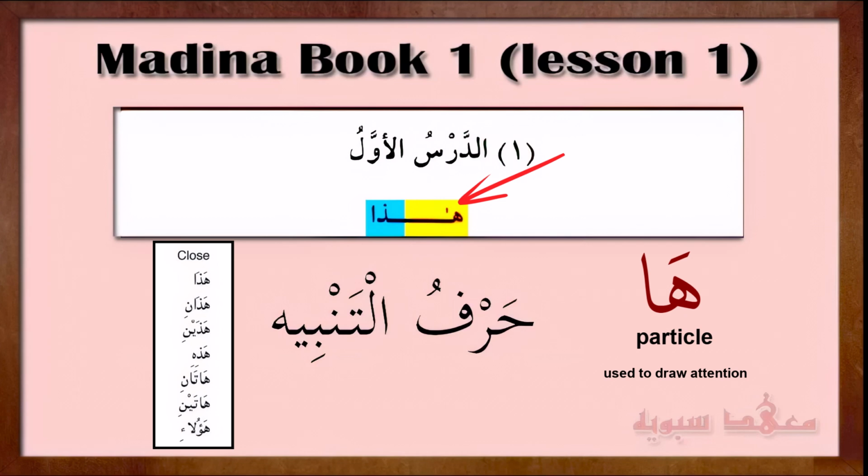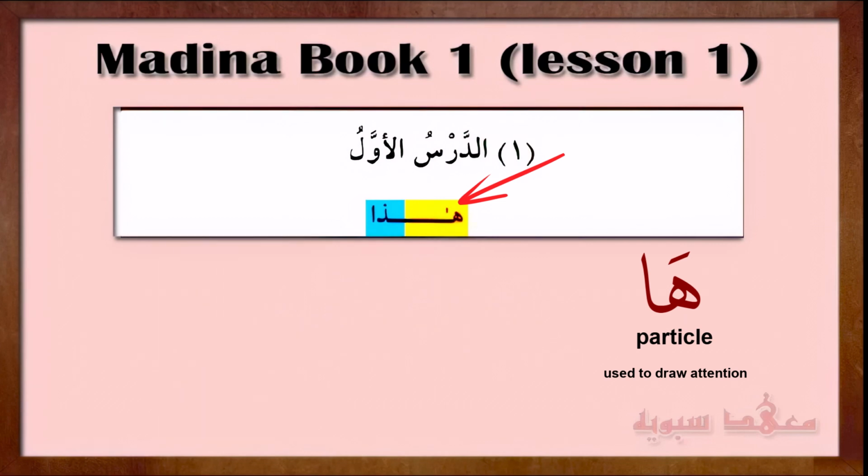So if somebody's indicating something which is close to one, you'd use the harfu tanbih. And this occurs with all of the demonstrative pronouns that are used for something that is close.